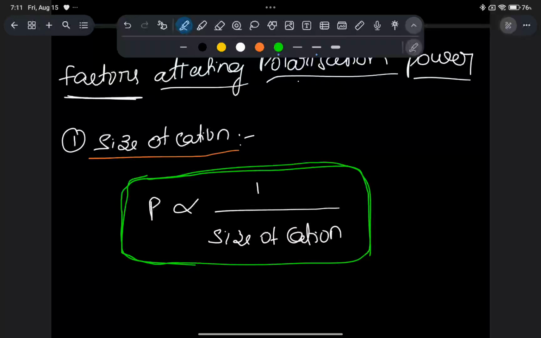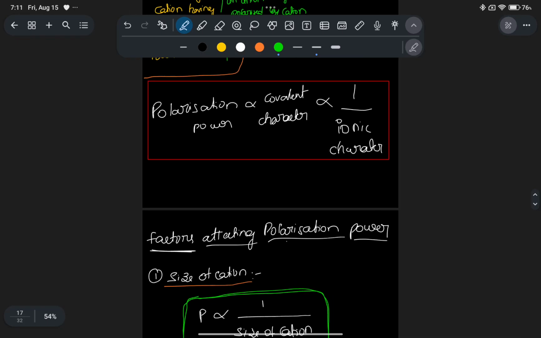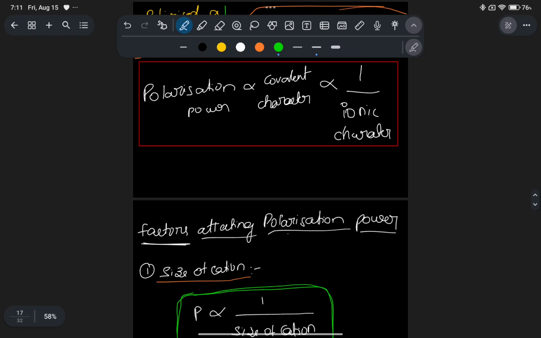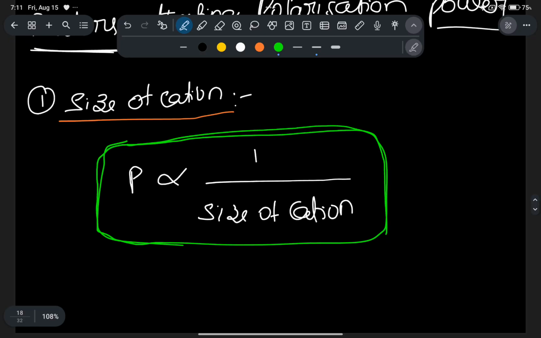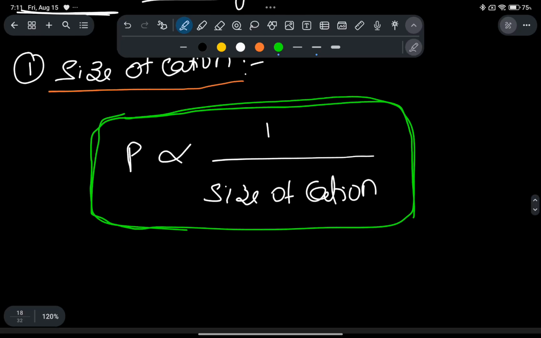A large cation size will form the ionic bond. If the cation size is more than the anion, it compulsorily forms the ionic bond. Ionic character is inversely proportional to polarization power and directly proportional to covalent character. If the size of the cation increases, it forms ionic character.